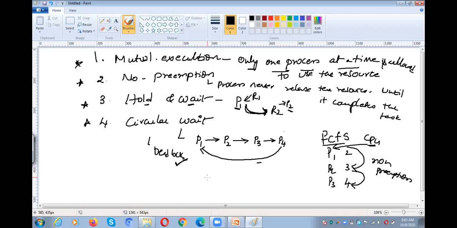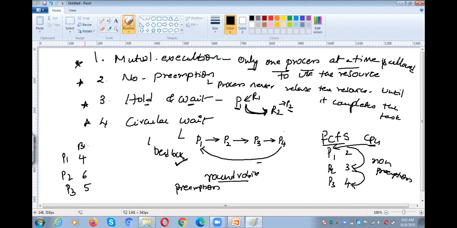And the next one, what about round robin? Round robin is a preemption algorithm. Why is it called a preemption algorithm? For example, there are three processes P1, P2, P3, and P1 requires 4 milliseconds of CPU time, P2 requires 6 milliseconds, and P3 requires 5 milliseconds.